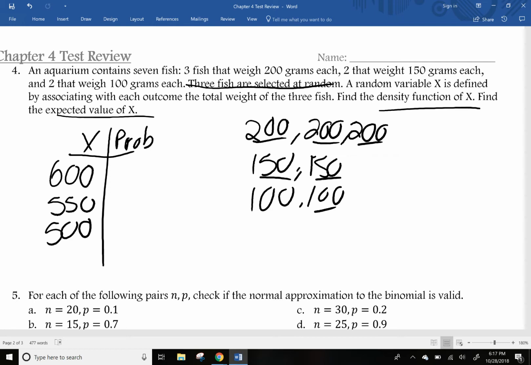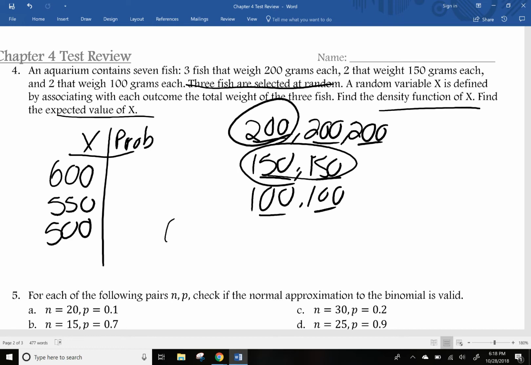I could choose 1 200-gram fish and then the 2 150s. Those 3 fish combined would weigh 500 as well. So we're going to have to remember that when we find our probabilities. That you could have 1 200 gram and then 2 150 grams. So I'm going to make a note of that.